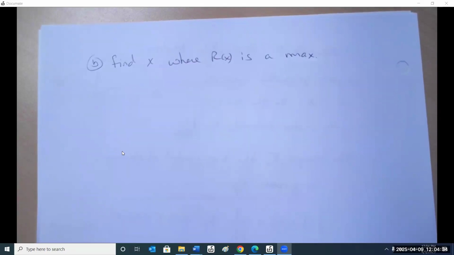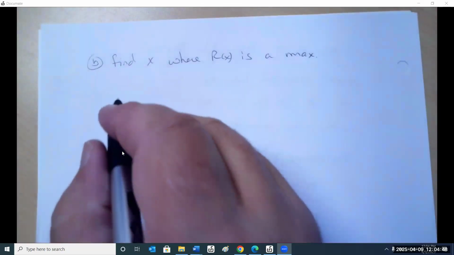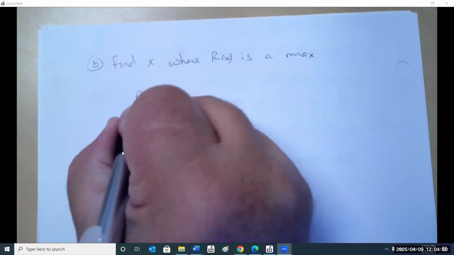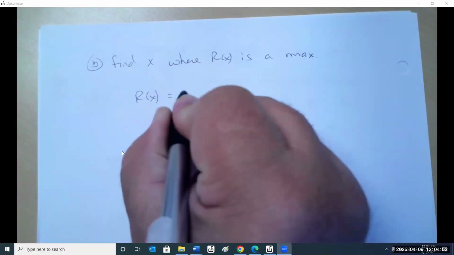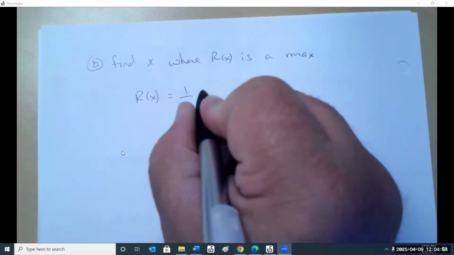So how do we do this? What do we have to do? We know the initial speed is fixed. You can't change that. So let's put the formula down again. What is that formula? 1/16.